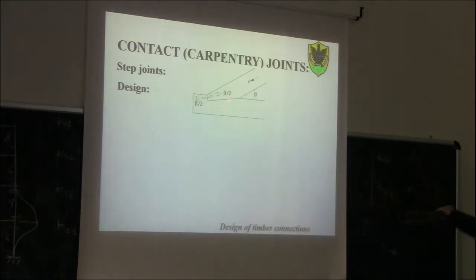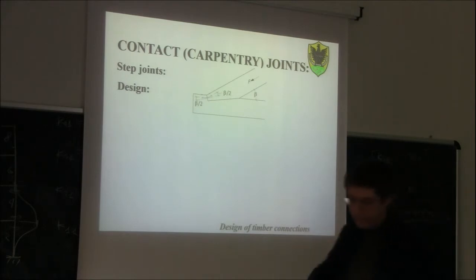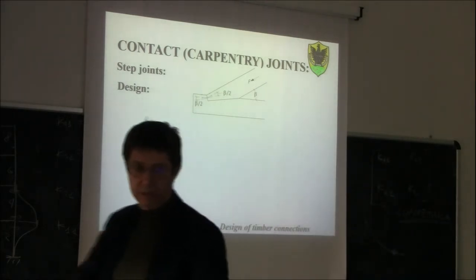So here there will be some pressure distribution, which, as you can see, on this face here will be more or less perpendicular to the grain, not really perpendicular, but more or less, while in this notch here, the compression will be at an angle to the grain, closer to parallel to the grain, but at a certain angle.